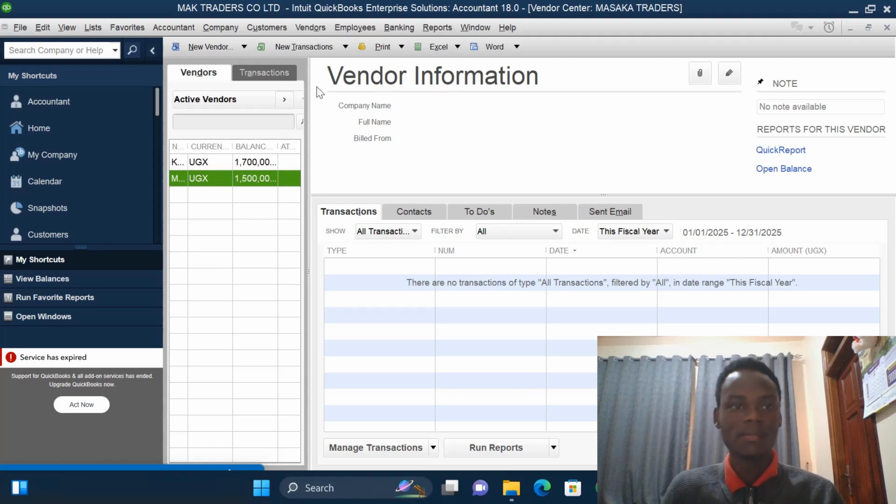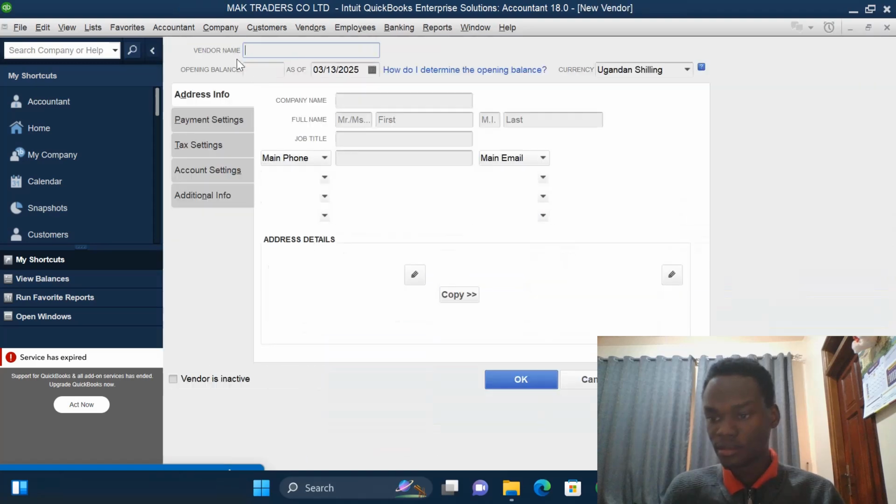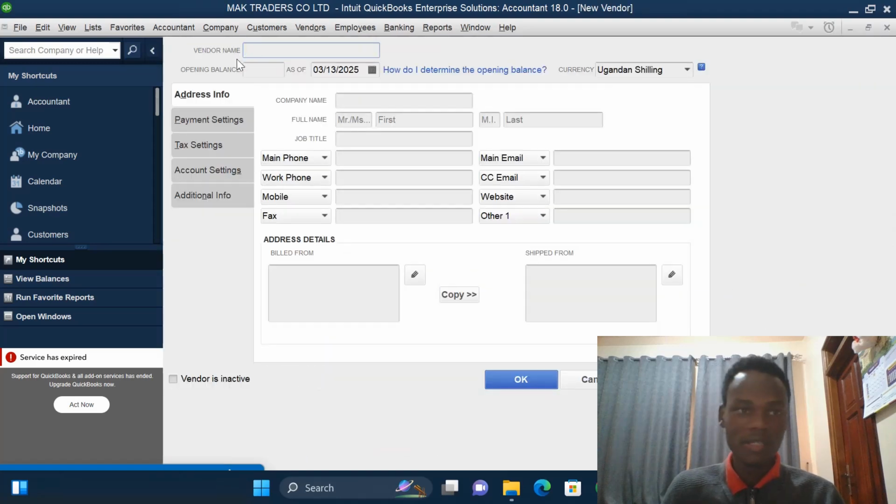Okay, we'll create another supplier, another new vendor. So it is Madra Importers. We don't have an opening balance, so basically at that date here, that's January.